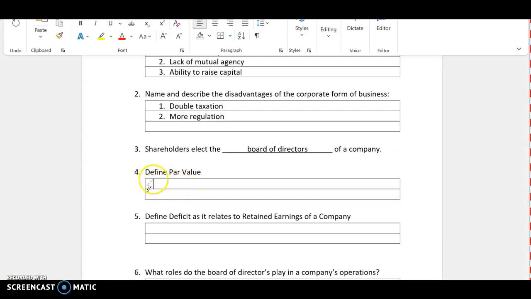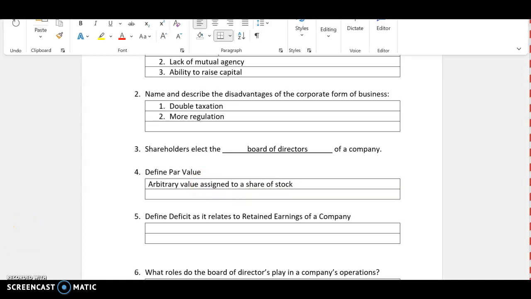We're talking about par value on number 4 when we talk about common shares of stock and preferred shares of stock. Okay, so par value is that arbitrary value, that legal capital value assigned to a share of stock.